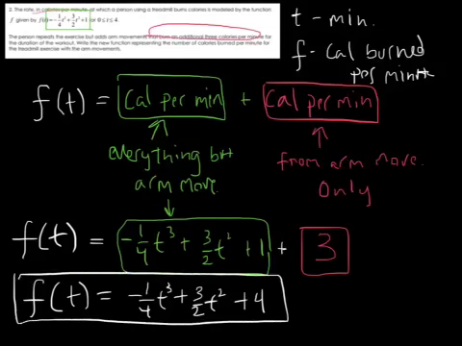Again, be mindful that we are measuring calories per minute, so when I increase the calories per minute by 3, remember I'm not increasing it every minute, it's simply adding on to the rate. So if my rate were 4 calories per minute, now it's going to be 7 calories per minute. Hope that helped.